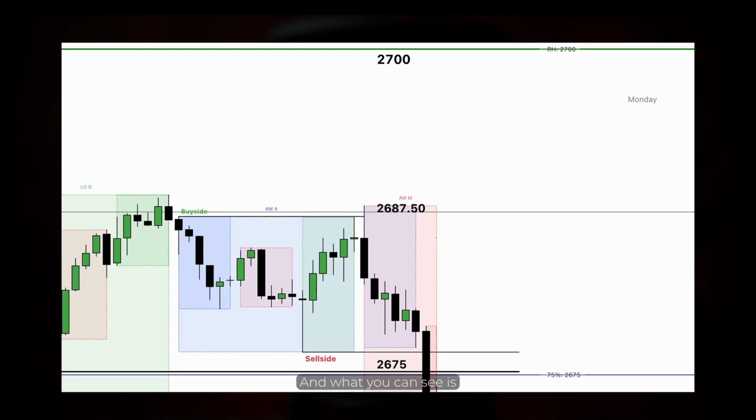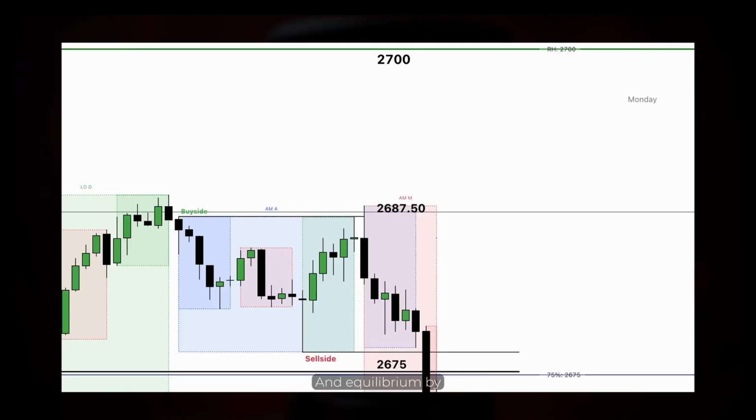And what you can see is that equilibrium of this range is right here at 2,687.5. Now, what's important to note here is that this might seem like a pretty random level when it comes to what the price is, since it's not a full 100 number. However, what you must understand is that in any given range which you're monitoring, there's always an equilibrium level.